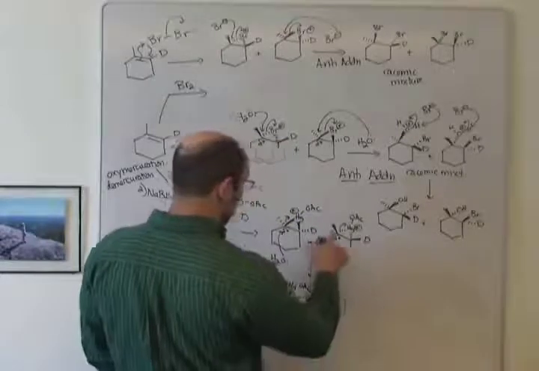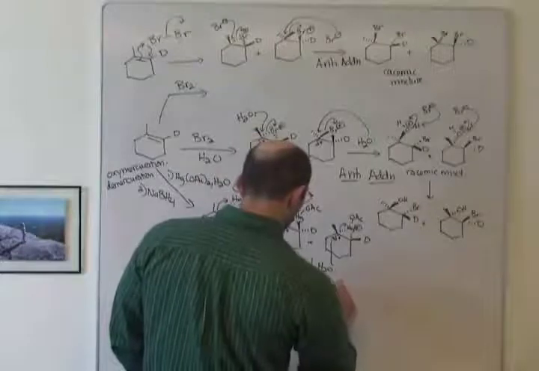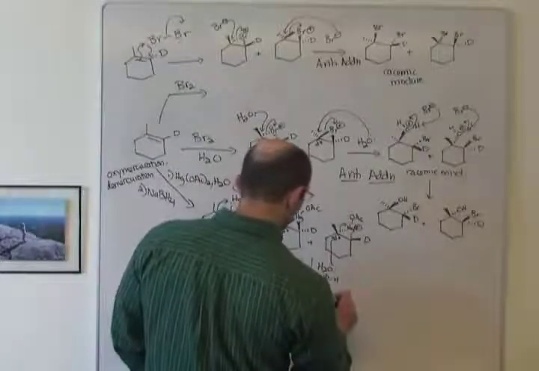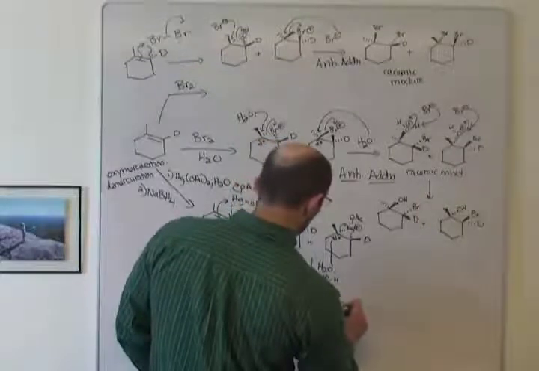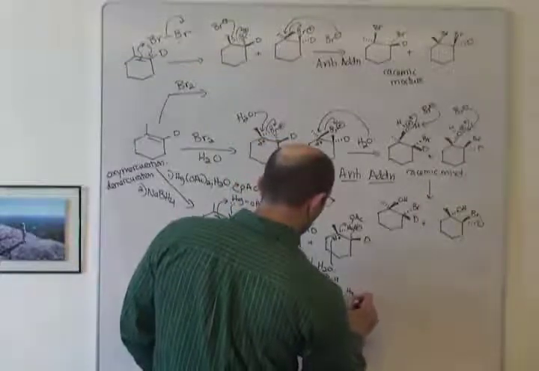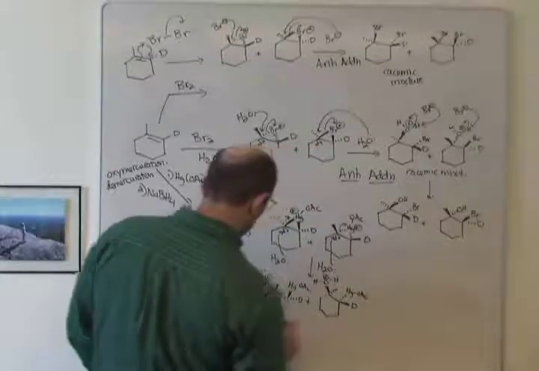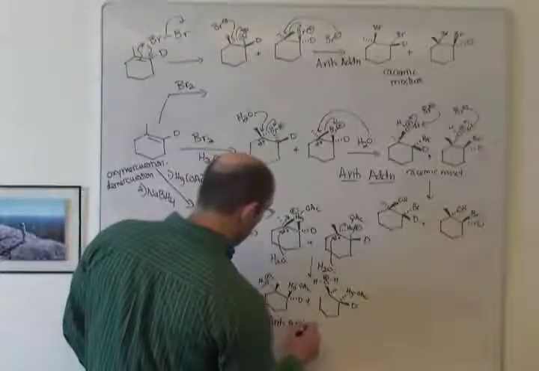And then over here, it's going to be the opposite, where water is coming out, methyl is going back, and mercury is going back. And again, this is an anti-addition.